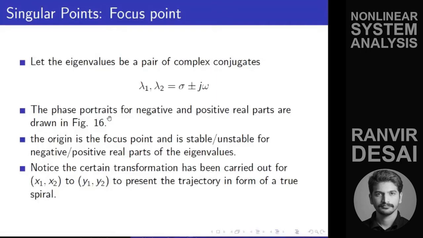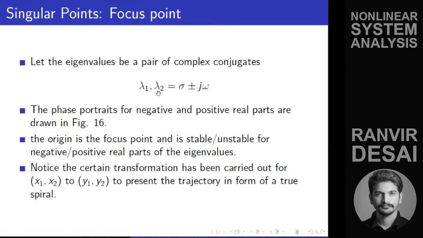Here also there are types of focus points, I think three types, depending on the sigma. If sigma is negative, they are stable focus point. If sigma is positive, then they are unstable focus point. If sigma is 0, we'll see what it is. It is also a focus point as well as another thing, that is what we'll see.